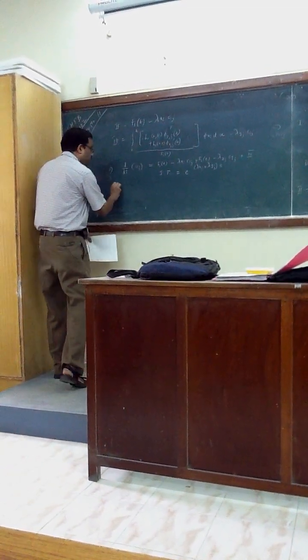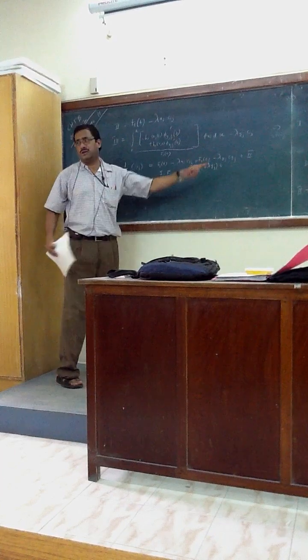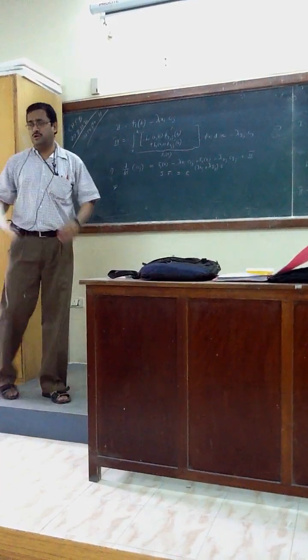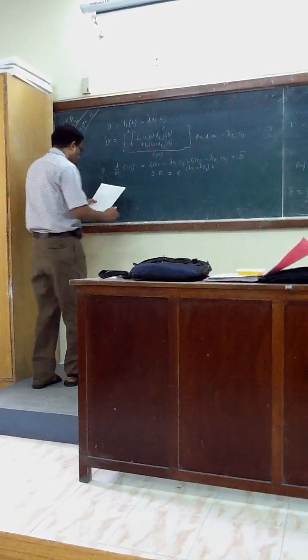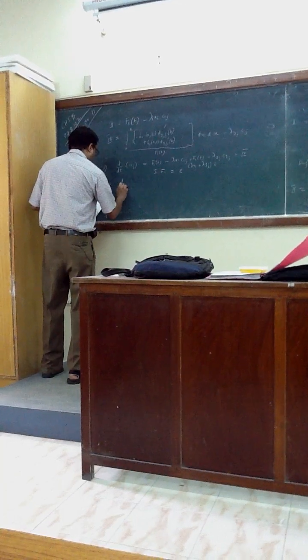What is that? Next step, you multiply the integrating factor all through, then you get on the left hand side, what is the left hand side after multiplying?